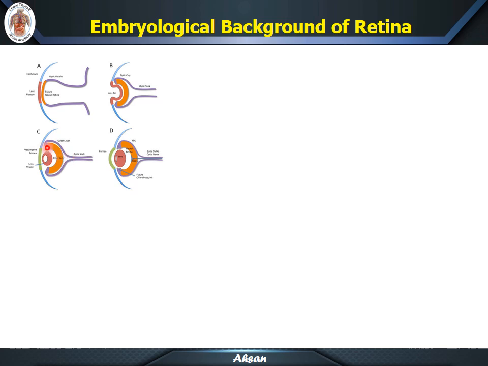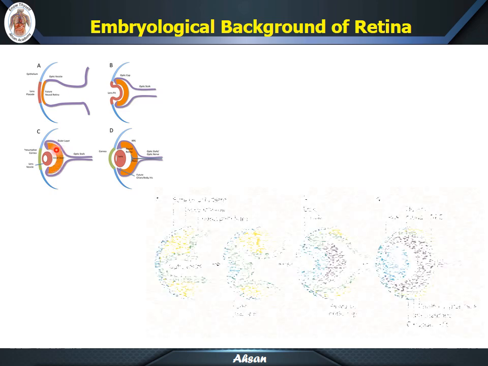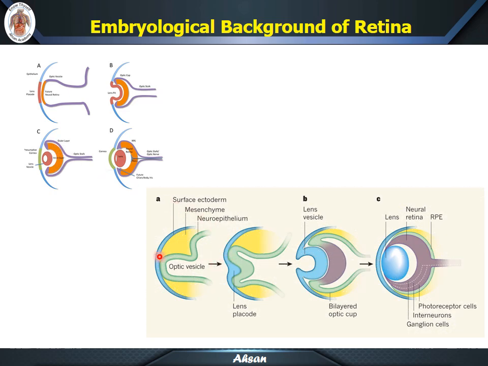Whenever this is cupped by the lens, there is one layer and another layer. So two layers are visible here. The inner layer is converted into the nervous part. You can see this is the lens area getting inside and becoming this one.